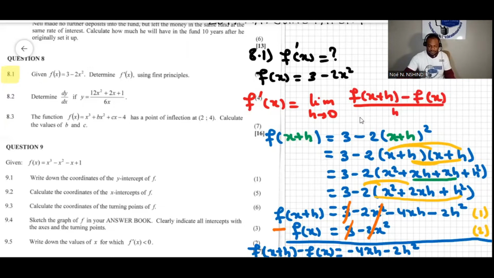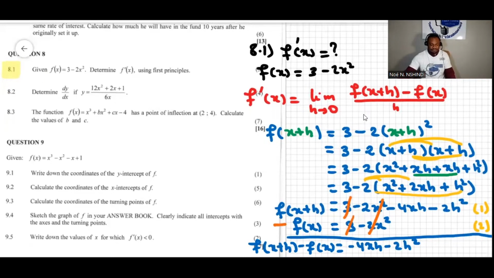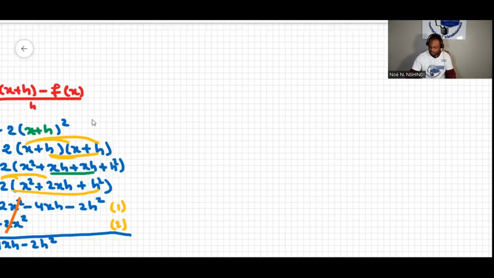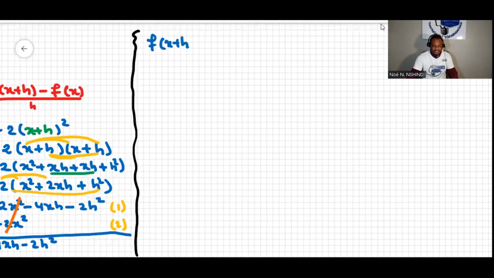Now that we have the numerator, we can divide the numerator by h. We had f of x plus h minus f of x equal to negative 4xh minus 2h squared.